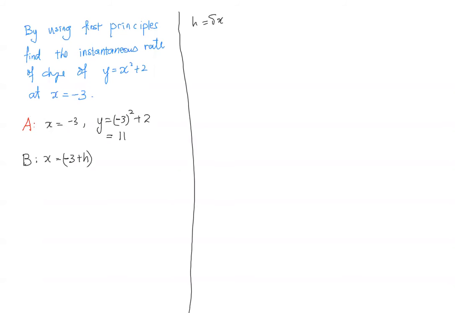It's the same story. So what is the y coordinate then? Ishan, how should I substitute? Negative 3 plus h, power of 2. Yes, negative 3 plus h squared plus 2.